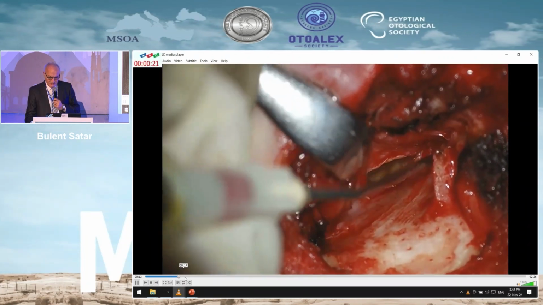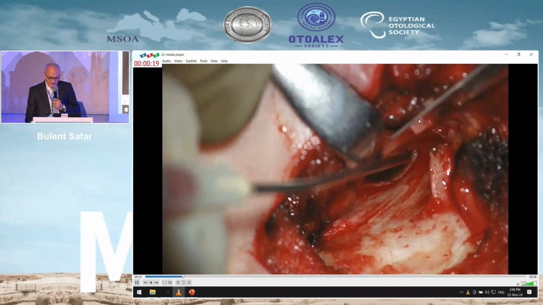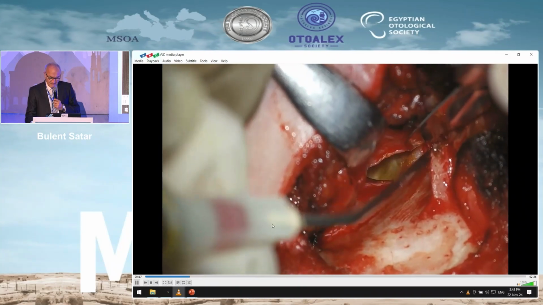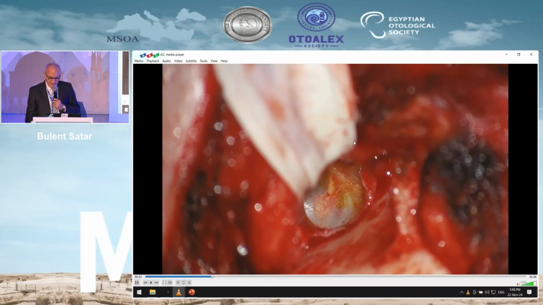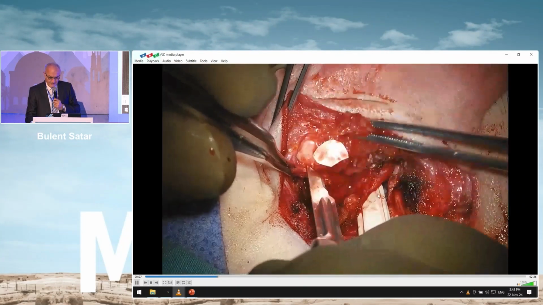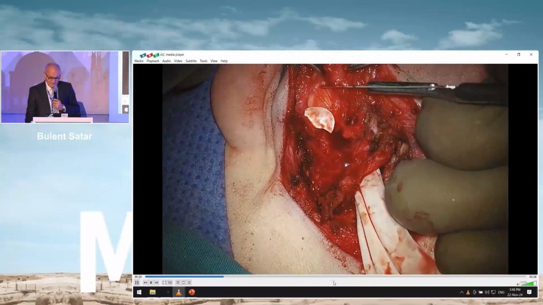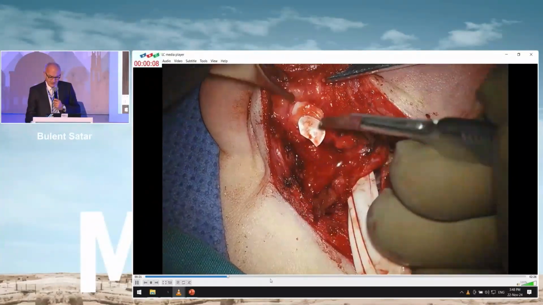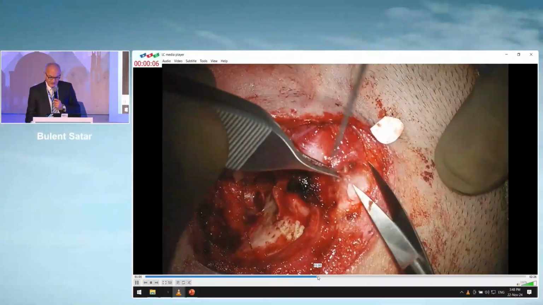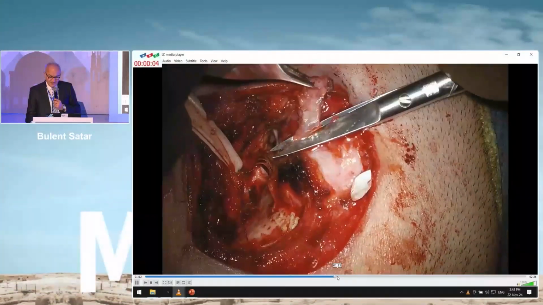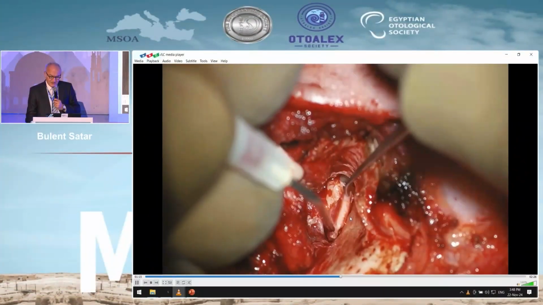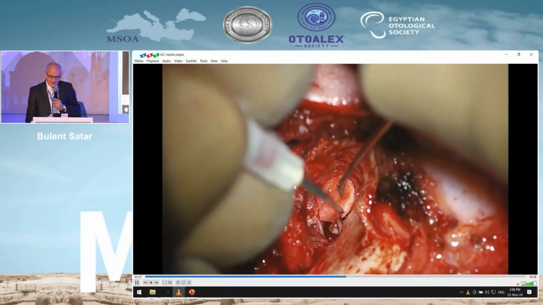Similarly, I approached. Again, I used conchal cartilage and also fascia. I horizontally placed a sheet of cartilage here.